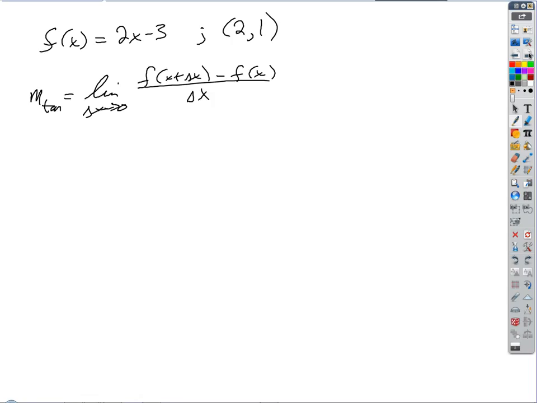So let's put in the function first, and we end up getting the limit of, what's f of x plus delta x, if that's f of x. What are we going to get? So if f of x is 2x minus 3, what's f of a?